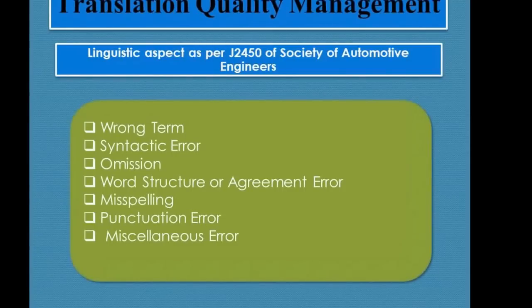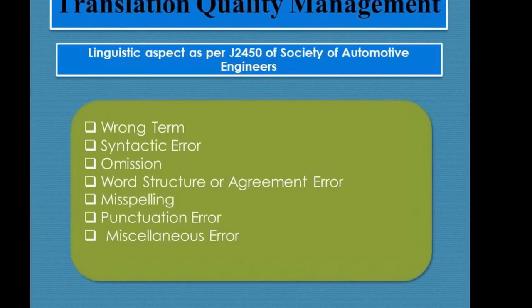Similarly, sentence structure, agreement of verb, gender, etc. are very important. Misspelling, you must spell check. Punctuation errors, and there are many other similar ones: comma errors, miscellaneous dash errors, quotation errors.